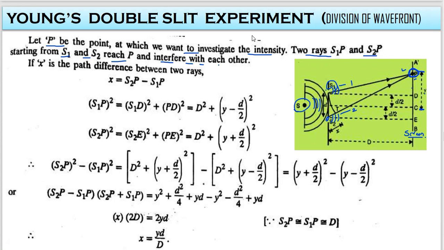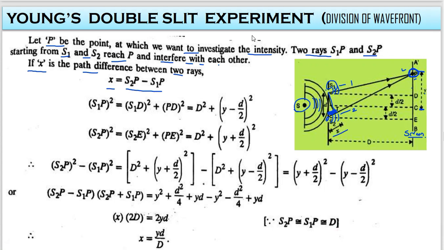So if x is the path difference between the two rays, x equals S2P minus S1P, because if we draw a perpendicular from S1 to this line up to T, then this length will be the extra length. This is the path difference.